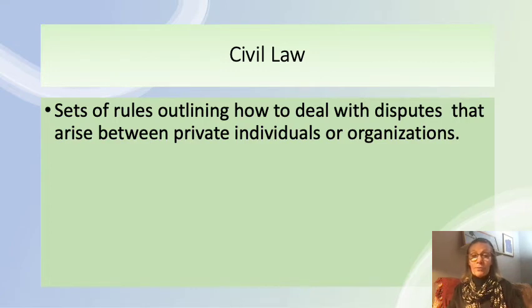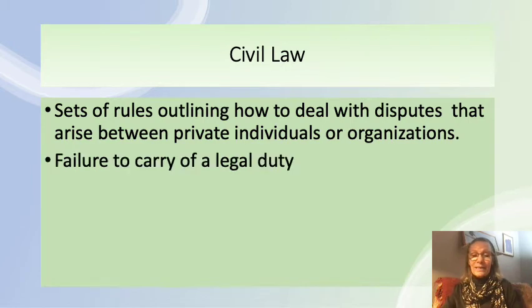You owe me rent for this month. But the tenant could say, you know what, I'm not going to pay you your rent because you're not living up to your end of the contract. My toilet's been broken for 3 months and you've never repaired it. You don't remove the snow. There are rats living in my house, whatever. You were supposed to get rid of them. And so that's what civil law is. It's an example of it. It's settling that dispute. And it can also be a failure to carry out a legal duty.